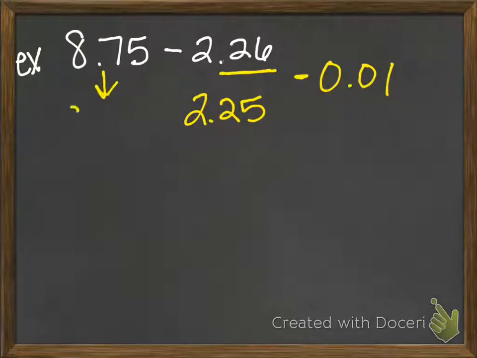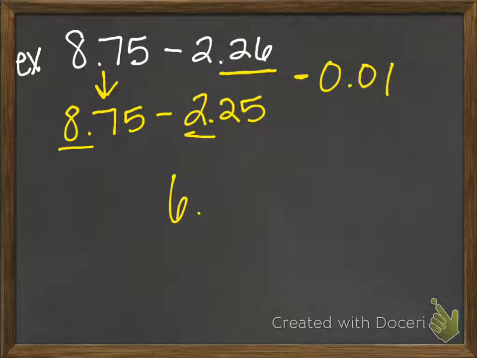And I want to keep this the exact same. So 8 minus 2 is 6, and then 0.75 minus 0.25, well, that would be taking 3/4 minus 1/4, and we would end up with 50 cents still.